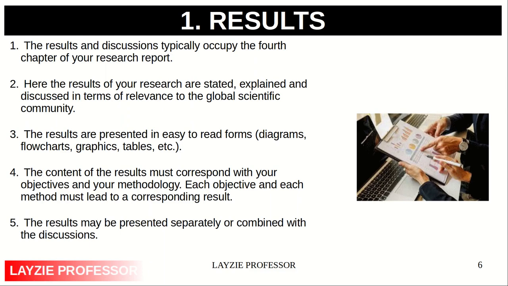And the results may be presented separately or may be presented in combination with the discussions. Although some universities may have their own preference as to how these should be presented, either way is scientifically acceptable. So the results can be presented separately and discussions also presented separately, or the results for each objective can be lumped up with its own discussions, and each one of them is acceptable.